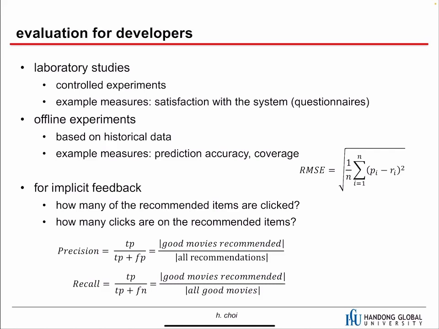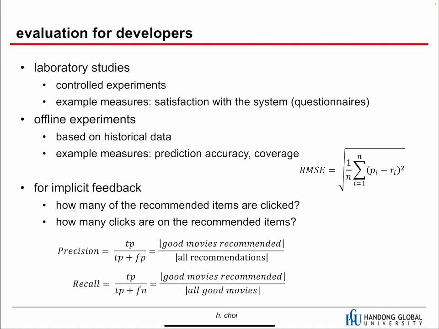Next one is offline experiments. It's based on historical data. We get the whole data from the actual system, and then we can train the system on the first 90% of the data and predict the last 10%.